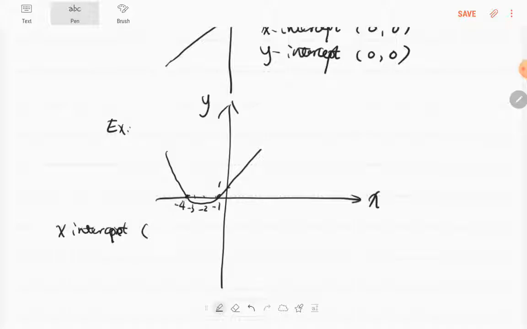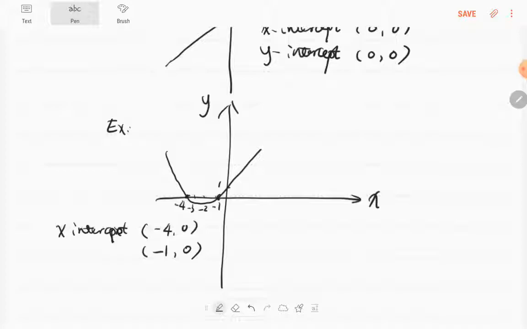The first one is (-4, 0), and we will have another one, this point, let's say it's (-1, 0). So we have two x-intercepts.